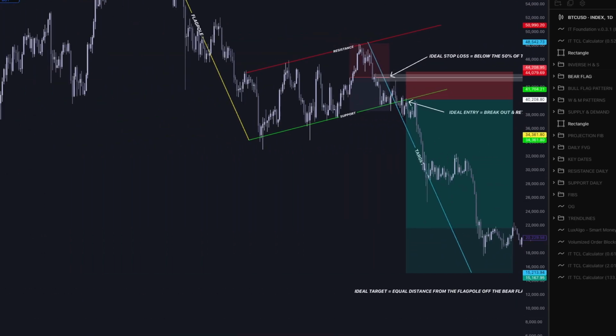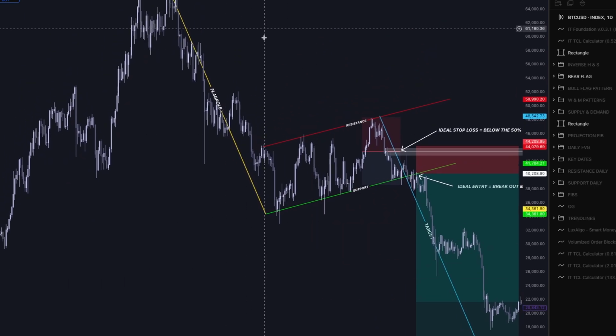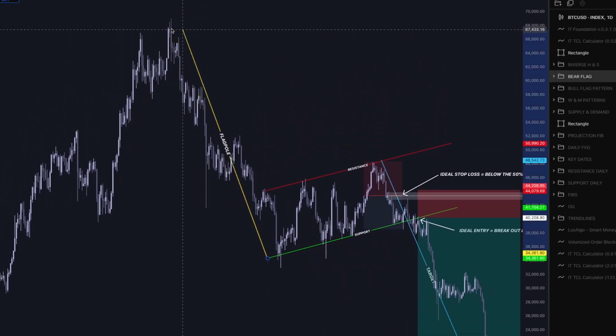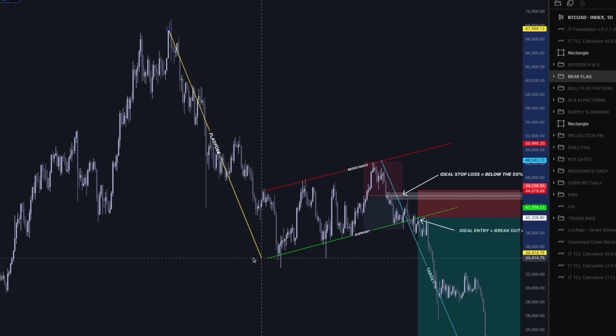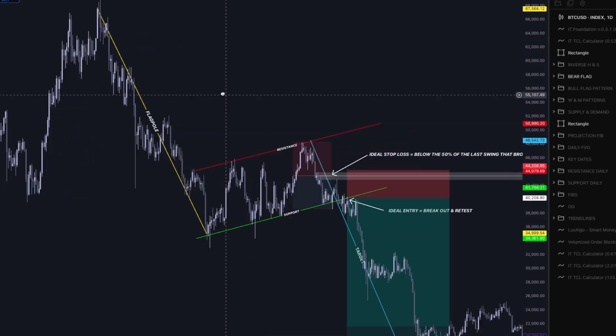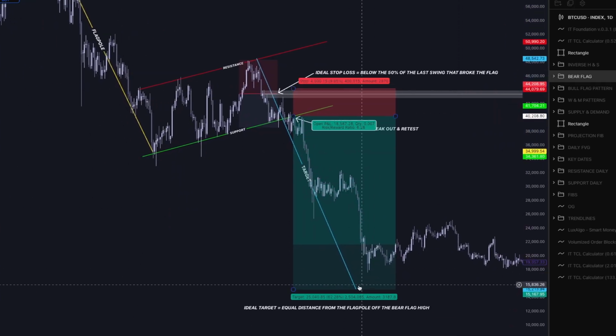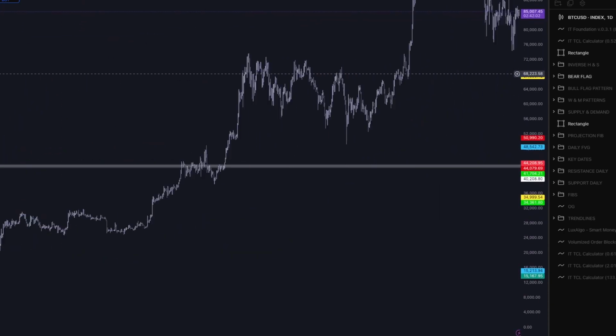Target, again, doesn't always play out, but we're looking at this flagpole. I've taken the daily close price basically to the close price right here, duplicated the pole, and it's down here as my target. This is where my final TP would be set. I'll get into that later.